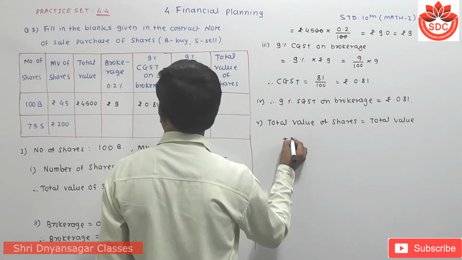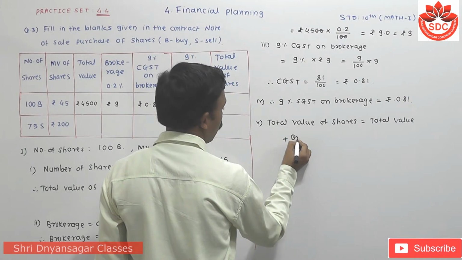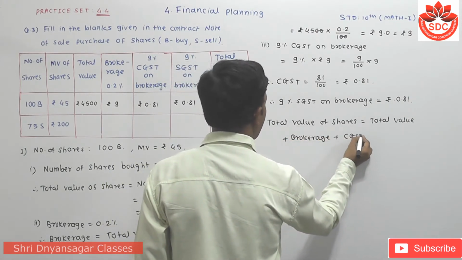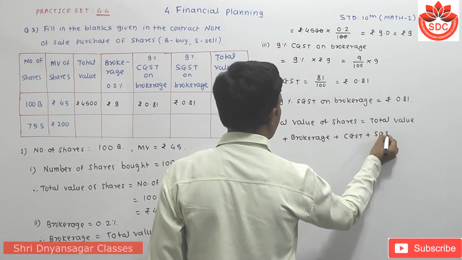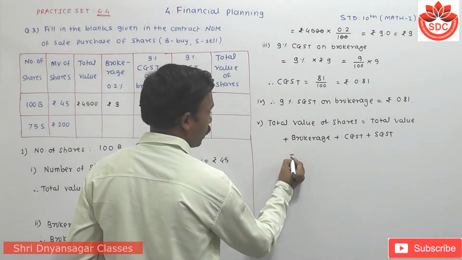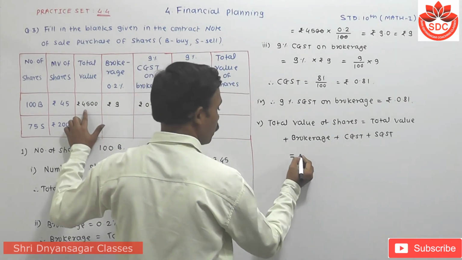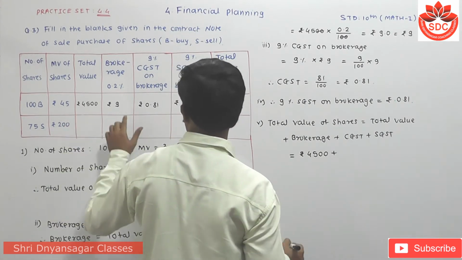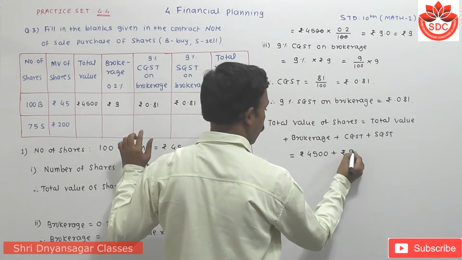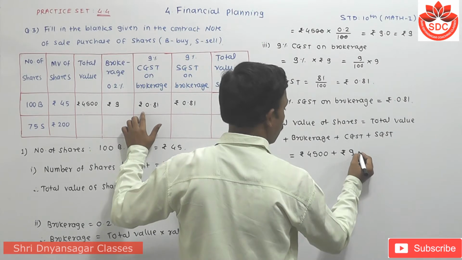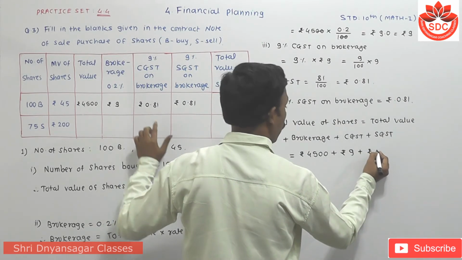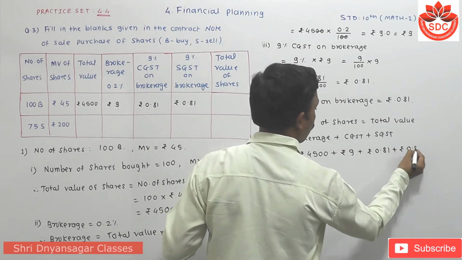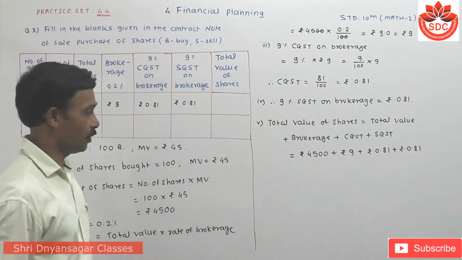Total value of shares is equal to total value plus brokerage plus CGST plus SGST, which is rupees 4,500 plus this brokerage rupees 9 plus this CGST rupees 0.81 plus rupees 0.81 SGST.